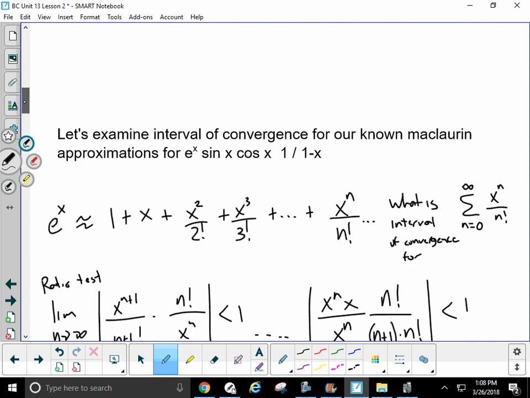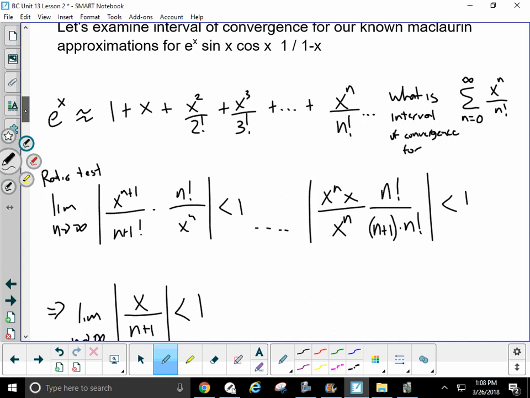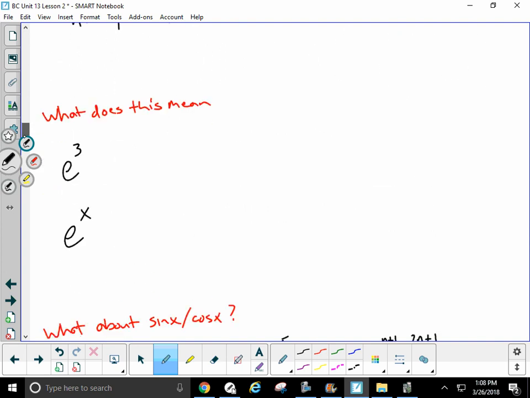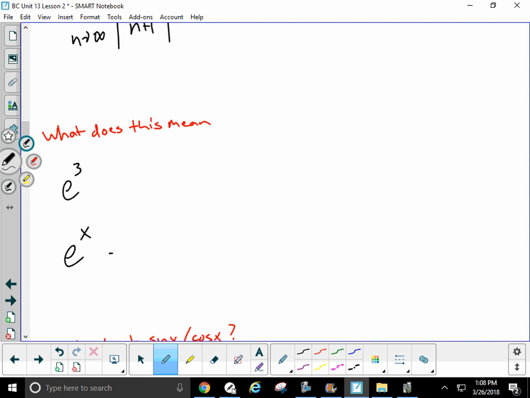We go to e to the x, we realize it converges for all of its values. And though we say e to the x is approximated by its Maclaurin polynomial around x equals 0, and we can use the Maclaurin polynomial around x equals 0 to approximate values of e to the x. No, turns out e to the x equals its Maclaurin series.